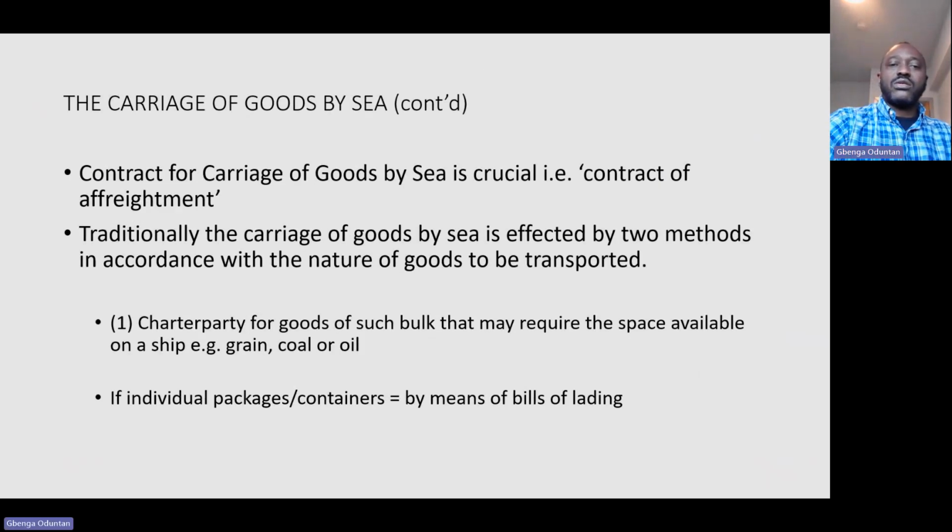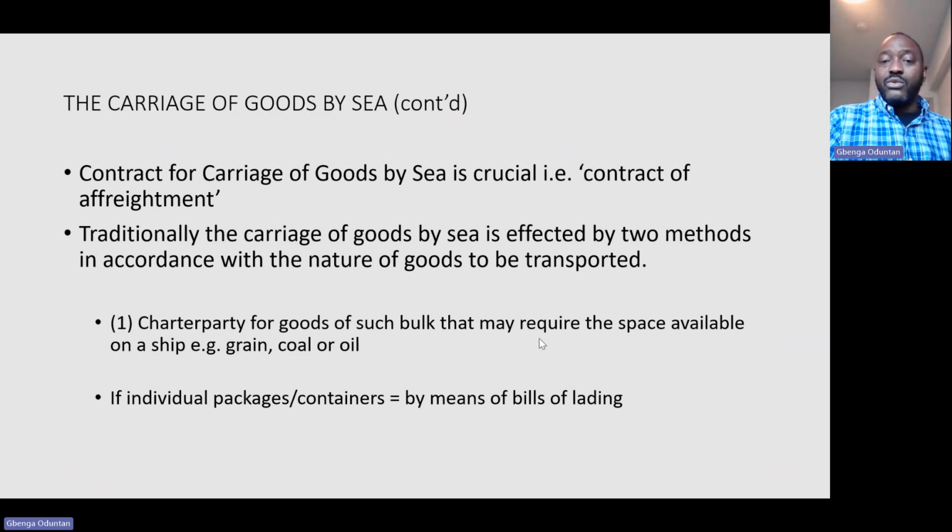So what is a contract of carriage by sea? It's a contract of affreightment, the technical term used for the carriage of goods by sea contract. As I hinted earlier, it includes both the charter party, which is the transportation of bulk goods chartered by a party, and the second form, which is also very important.